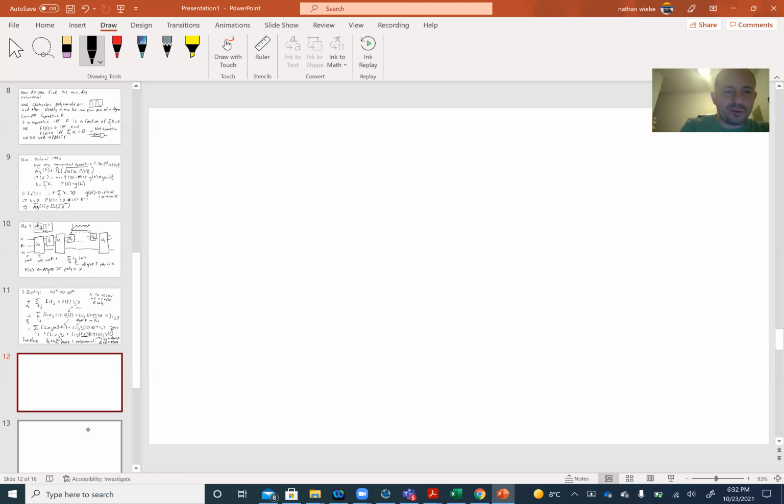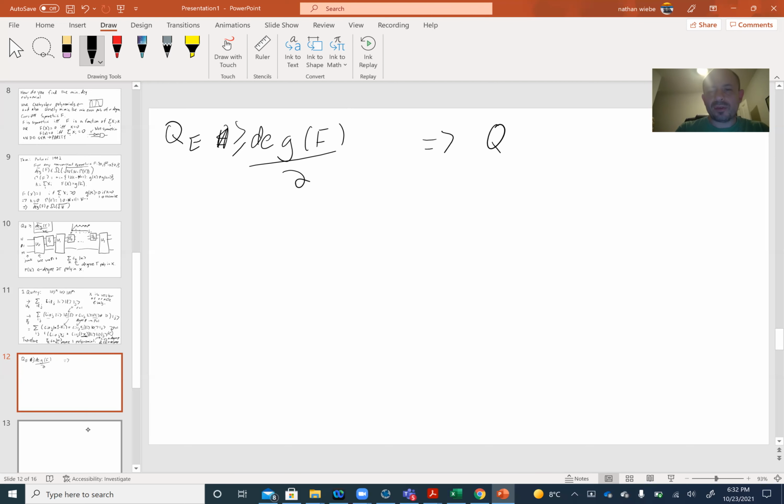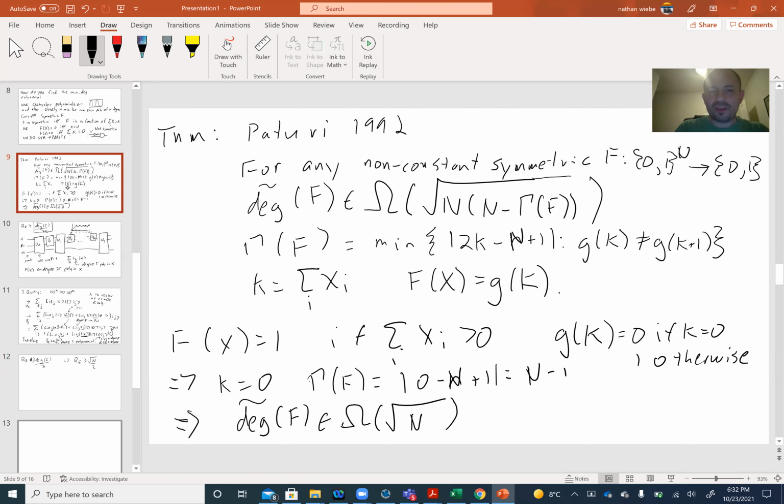Using this result, that the deterministic query complexity is greater than or equal to the degree of the function divided by 2, this implies that the quantum query complexity of OR is greater than or equal to square root of n over 2, because we used this theorem from Paturi that because OR is a symmetric function, OR can be computed in square root n time.